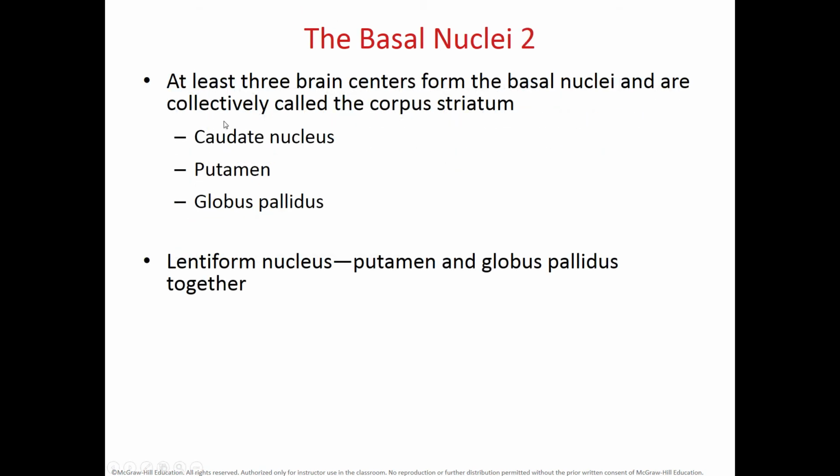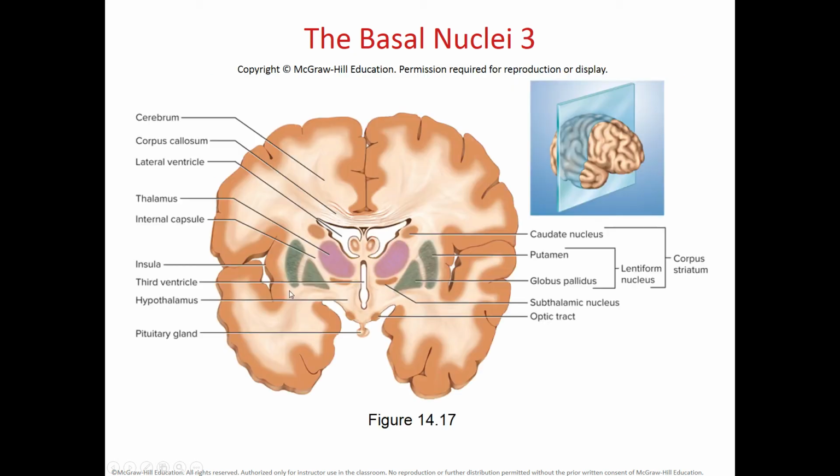Within the basal area of the brain, we have the basal nuclei that make up the corpus striatum: the caudate, putamen, and globus pallidus. Then we have the lentiform nuclei, formed exclusively by the putamen and globus pallidus together. Here we have the thalamus, and on the side of the thalamus we have these basal nuclei.